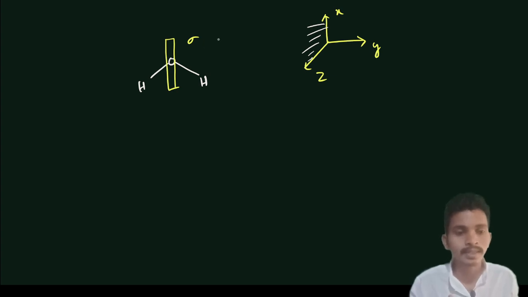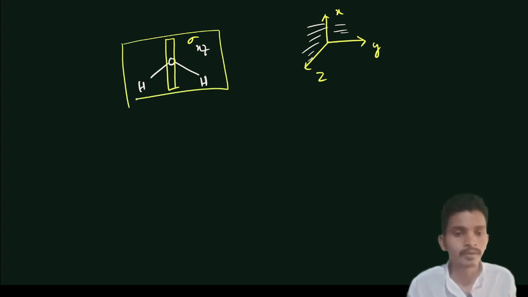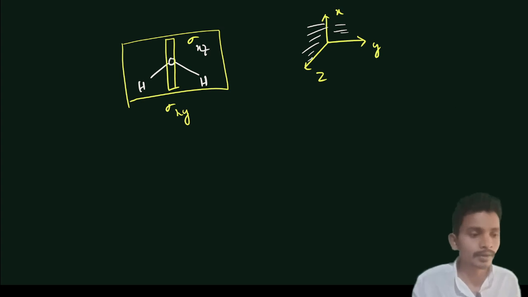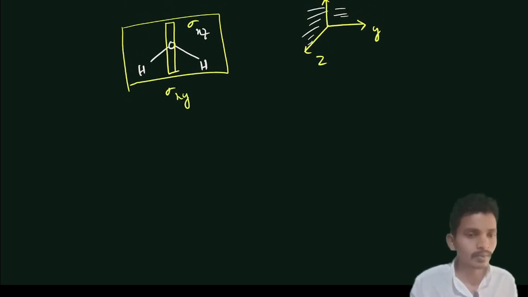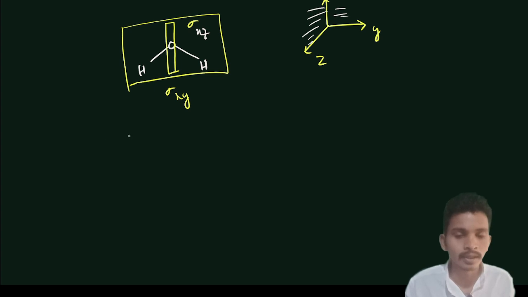So towards us and the x-axis, this is xz. Another plane I am cutting, where xy is in the plane, that is sigma xy.